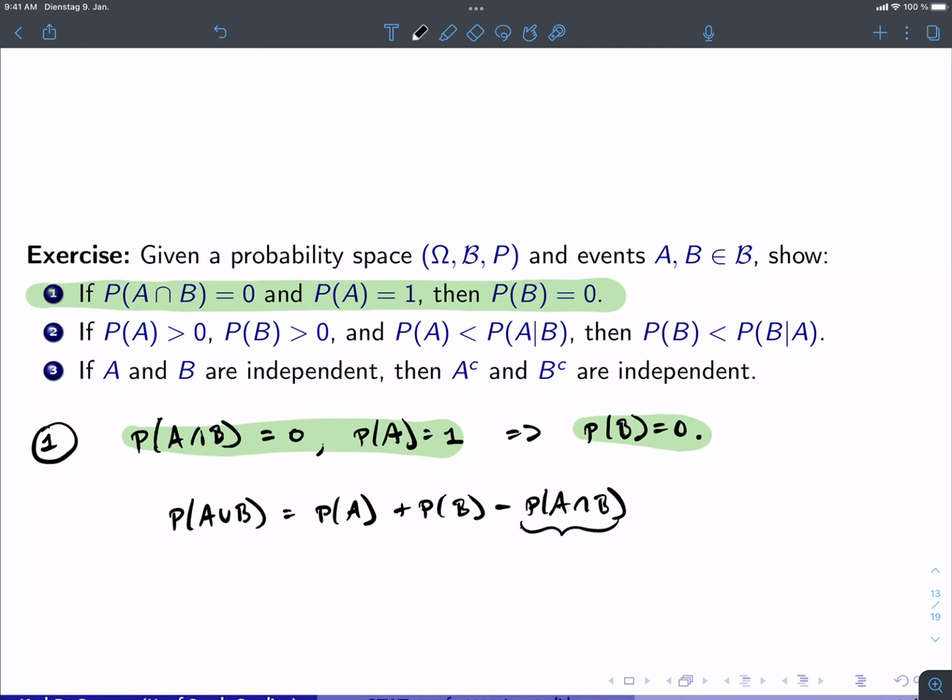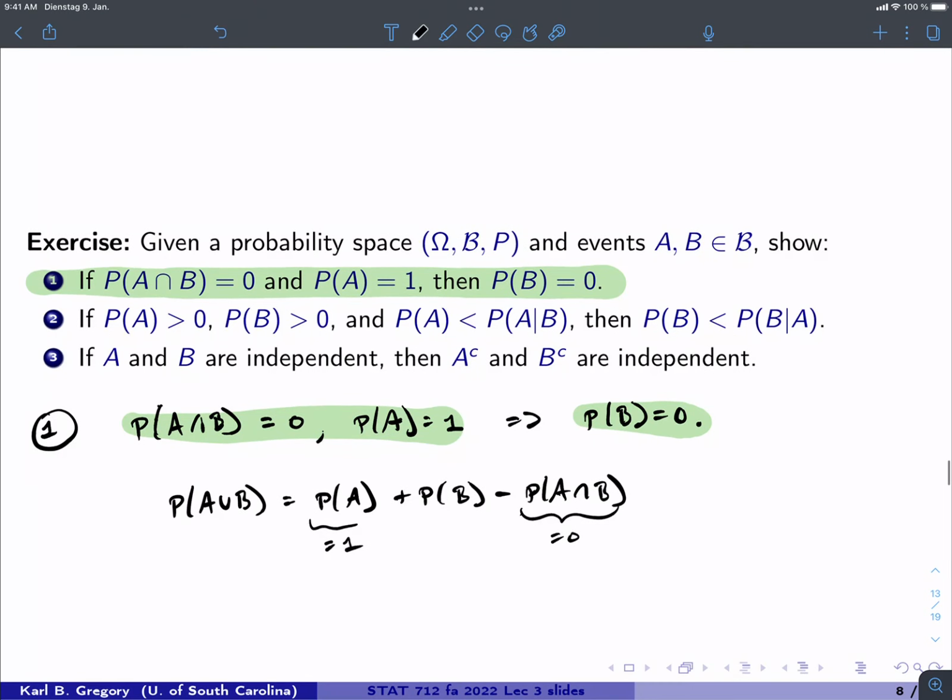Now, if this is 0 and this is 1, it means probability of A union B is equal to 1 plus probability of B. And I know that since this is a probability, it cannot exceed 1.